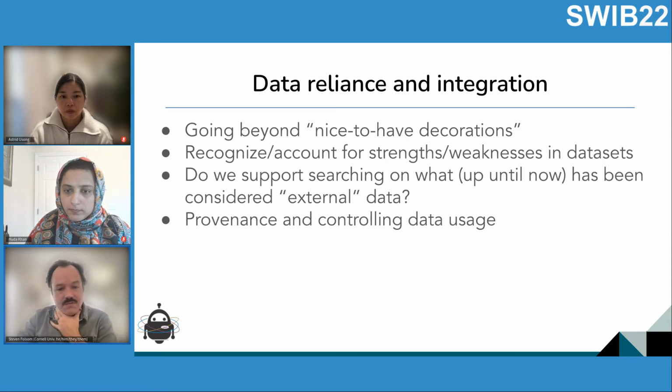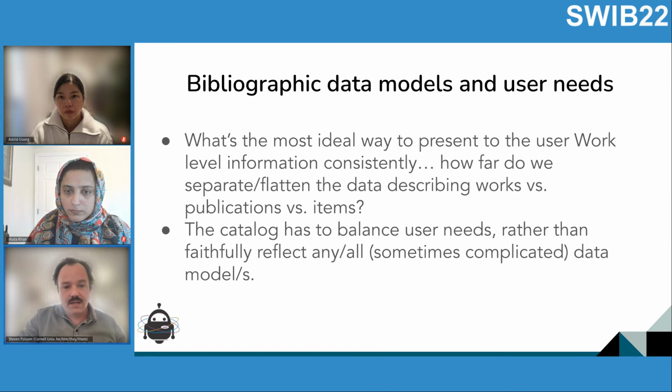Testing and discussions have suggested that we might want to not only display external data, but begin to index it to support search functionality. This would require caching infrastructure that we don't currently have. And of course, with a complex metadata ecosystem, for information literacy reasons and data maintenance, we need to understand the data provenance.